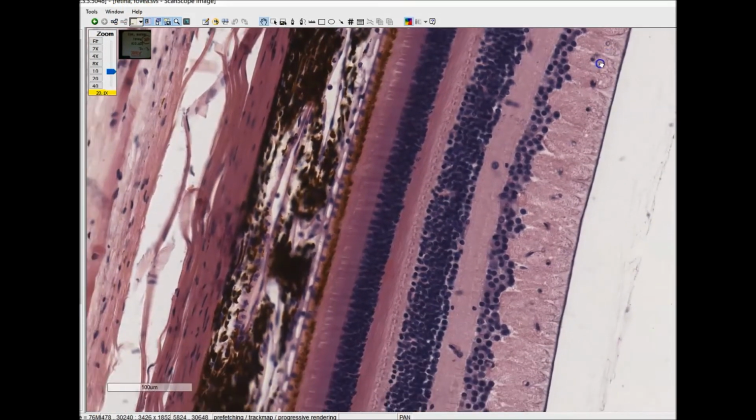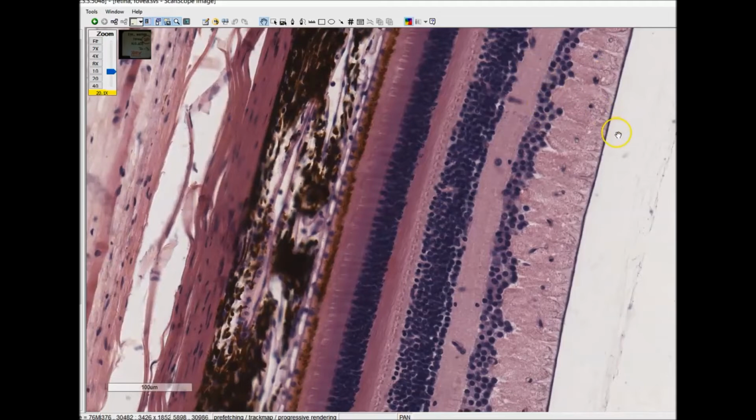There we go. So let's start at the inner side with this inner limiting membrane, and then this would be the actual fiber layer, and then this would be the ganglion cells. So the fiber layer is the axons of the ganglion cells. Then you have what we call the inner plexiform layer and the inner nuclear layer, then the outer plexiform layer and the outer nuclear layer.